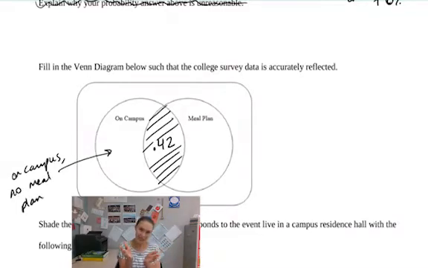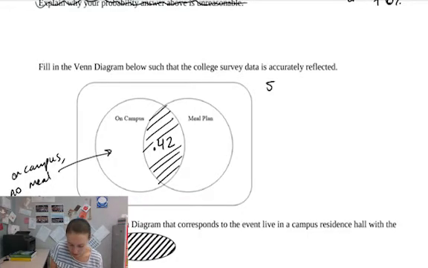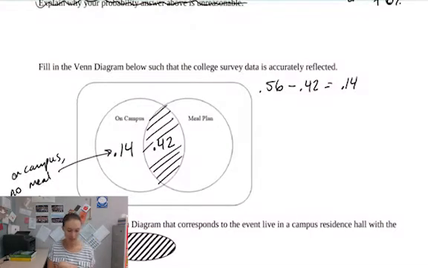So the crescent shape without the overlapping shaded region is just how many students are on campus but don't have a meal plan. So if 56% of students live on campus total and 42% have a meal plan, I need to subtract those two things to get how many students live on campus and don't have a meal plan.